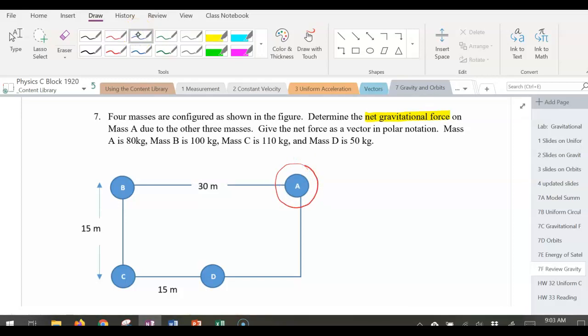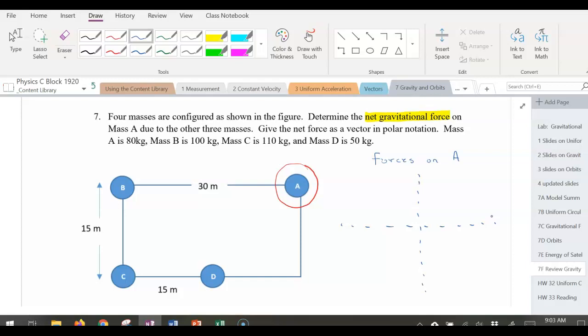The first thing you want to do in a problem like this is find all the forces on mass A, right? So I'm going to do a little force diagram here. And just one at a time, I want to consider each of the other 3 masses and what they would be doing to mass A. B is to the left of A. Gravitational force always tries to pull objects closer together.